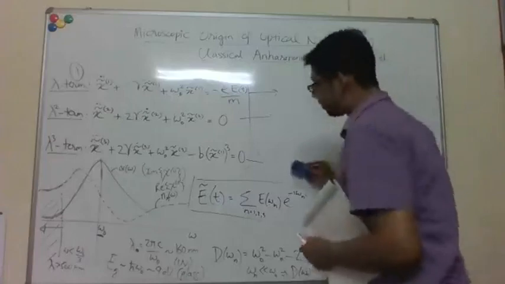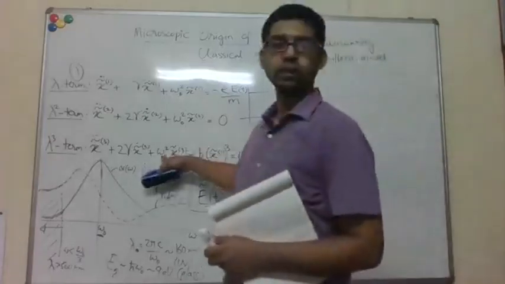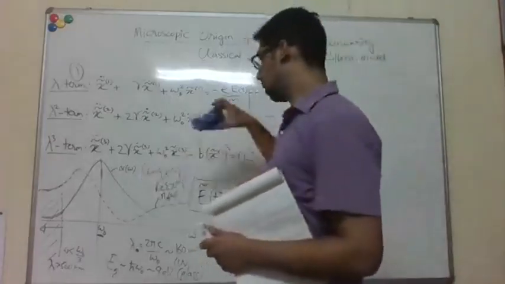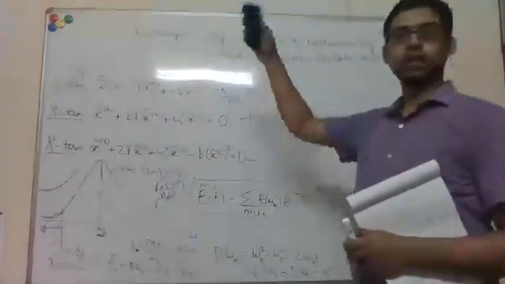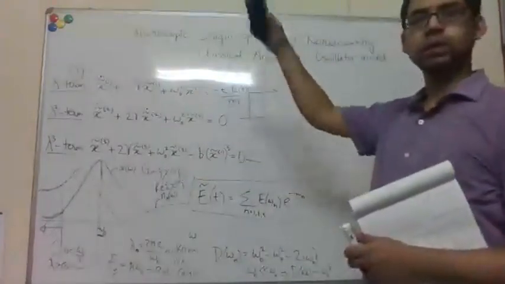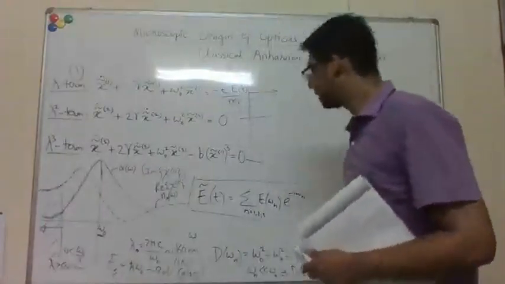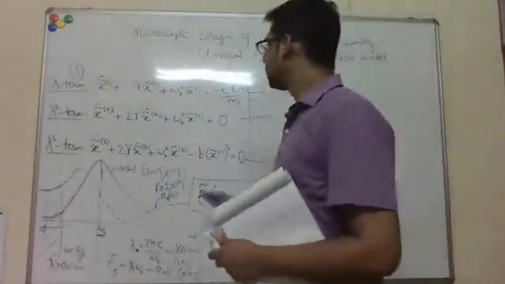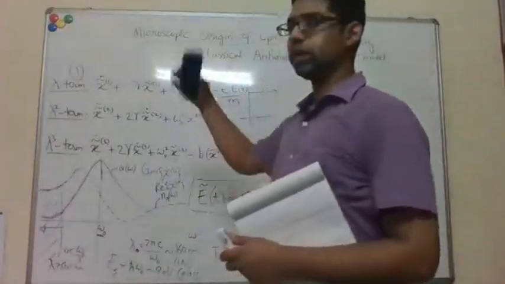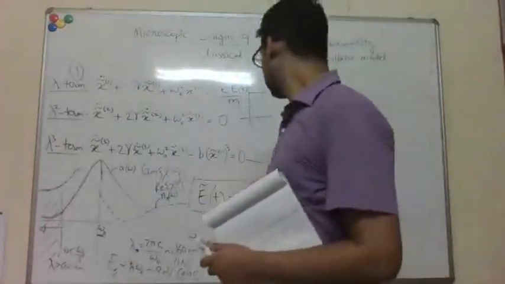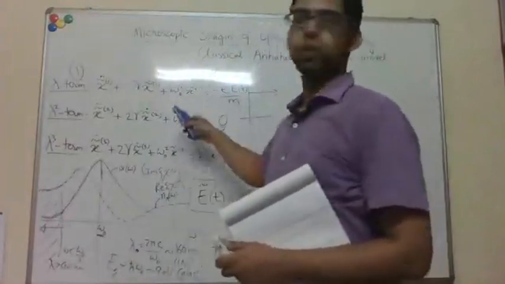And also one thing to note here is that we've just taken a single resonant frequency. But in a real case, an atom could have multiple energy levels, so multiple resonance frequencies. But basically, what happens is that the resonance frequency which is closest to your drive is the dominant one.